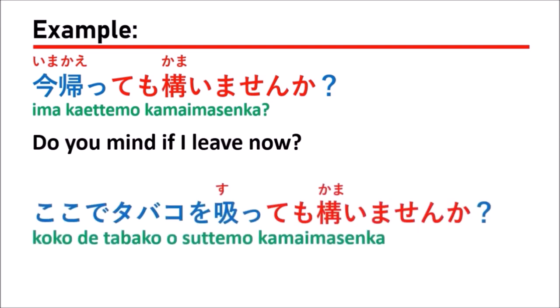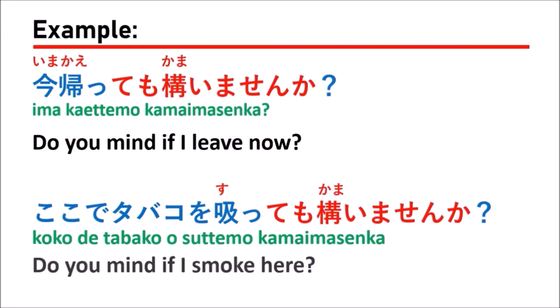The next example: ここでタバコを吸っても構いませんか？ Which means, do you mind if I smoke here?